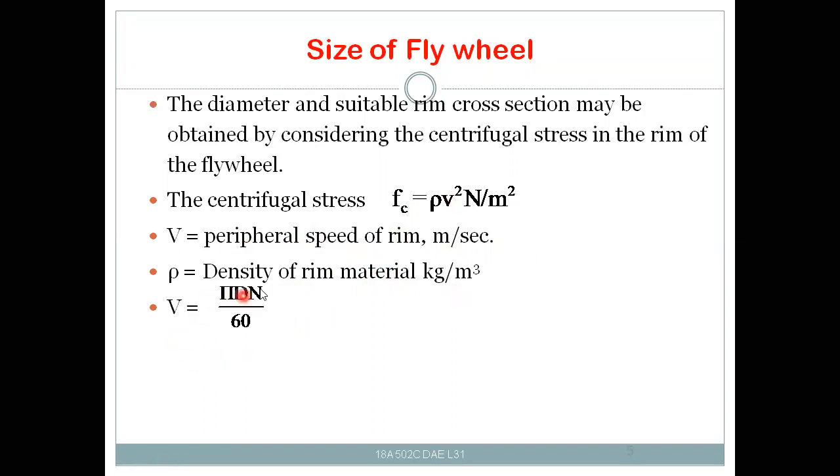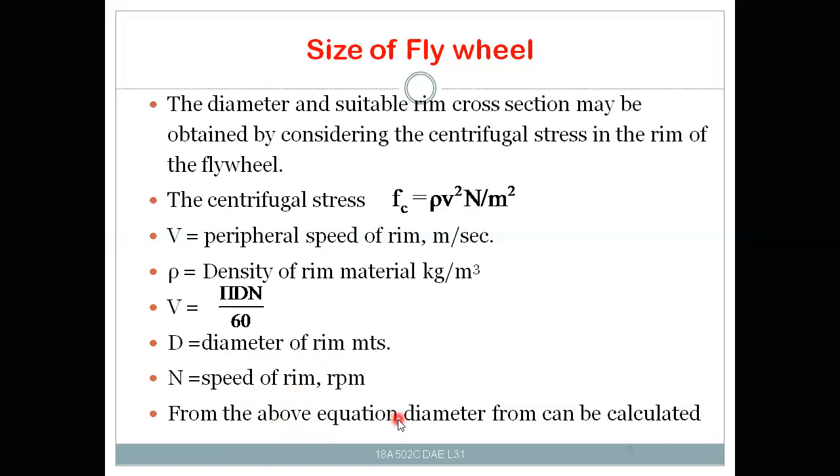The peripheral speed of the rim is pi d n by 60, where d is the diameter of the rim in meters and n is the speed of rim in revolutions per minute. From the above equation, the diameter may be calculated. By using this, you can calculate the diameter of the rim.